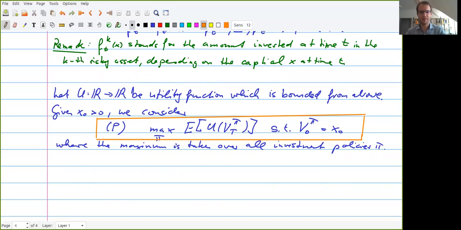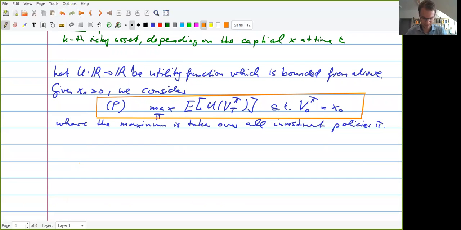Now, let me note, if we want to understand this terminal wealth generated by the investment policy, what do we note? At time 0, this is given by the problem, so we have the initial capital x0, that's easy.